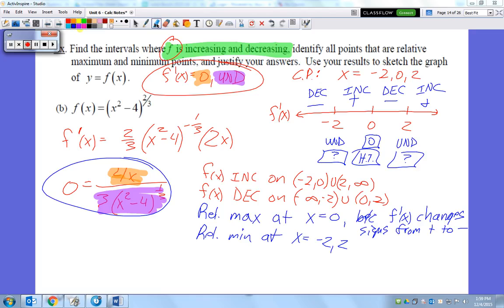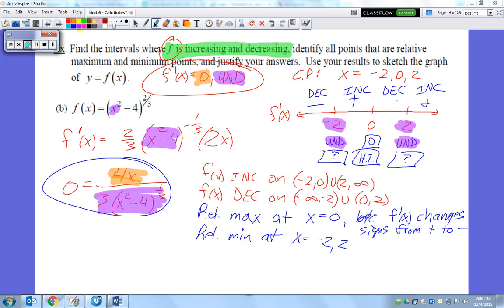Look, let's go back. We said at negative 2 and 2, their slopes, because of this guy right here, are what? Undefined. But if I plugged in negative 2 and 2 here, what are they? They're defined. What's their output y value? Put negative 2 or 2 in there. What do you get? 0.